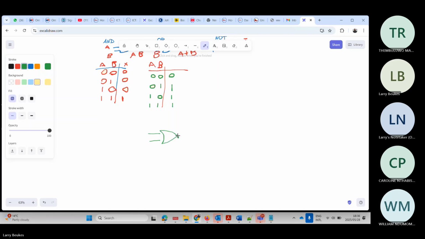Here we can say A, B, and you know this is A plus B, A or B. My point is, it doesn't matter what this variable is. Remember, a variable is like a placeholder.